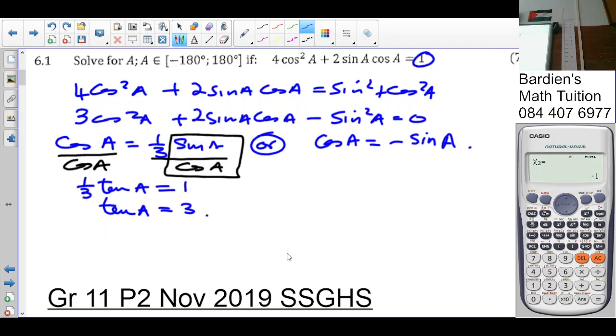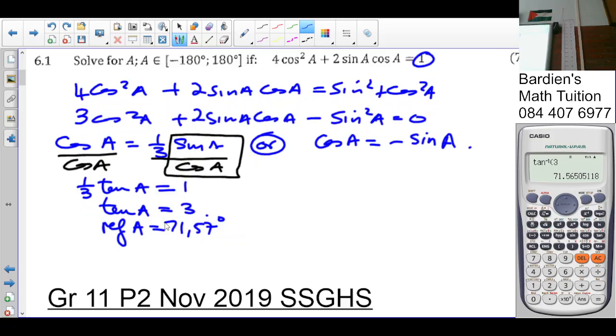Can you see that? So what do I do now? I work out a reference angle A. So arctan of 3 gives us 71.57. So which question comes to mind at this point?